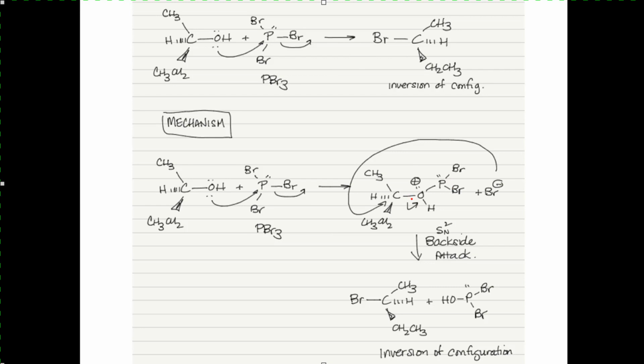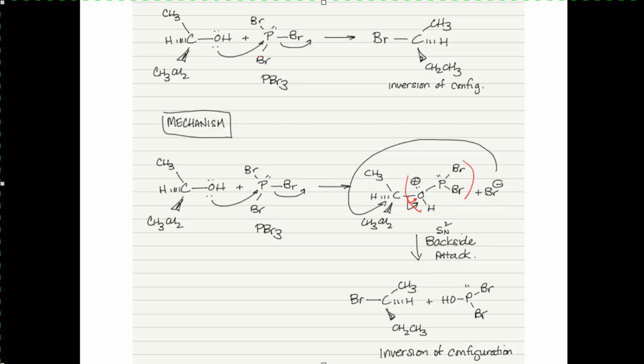So then what will happen in this case is that the bromine I just kicked off in this process is now going to do backside attack and kick off this entire group, which will basically make the oxygen, which would normally be a water molecule, right? It would normally be an oxonium ion that way. It now ends up forming an OH to phosphorus bond.